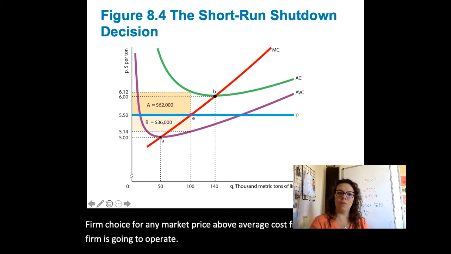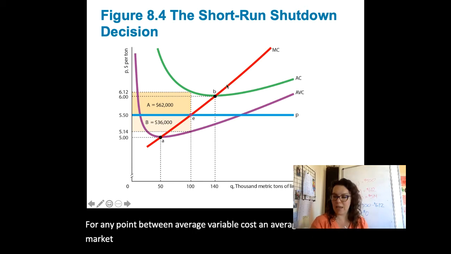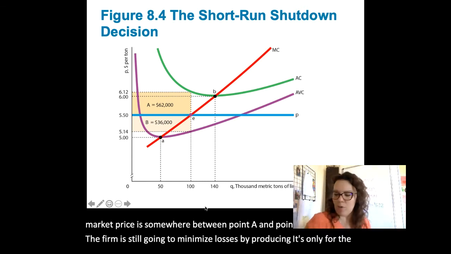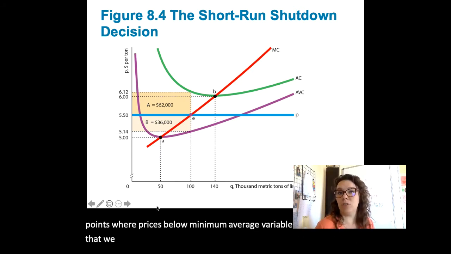For any point between average variable cost and average cost, when the market price is somewhere between point A and point B, the firm is still going to minimize losses by producing. It's only for the points where price is below minimum average variable cost, below point A, that we are going to see the firm shut down to minimize losses.